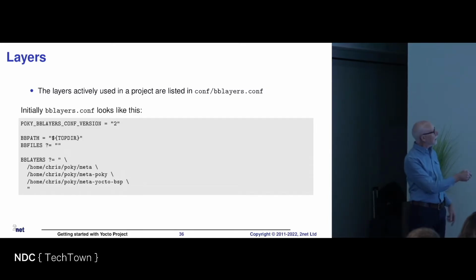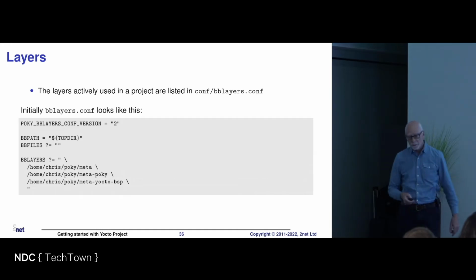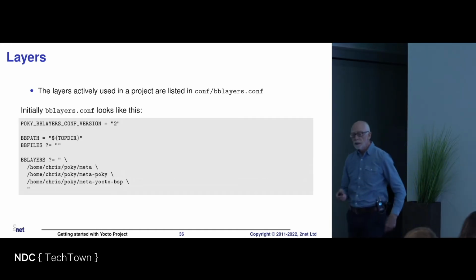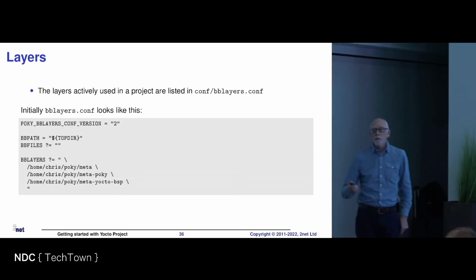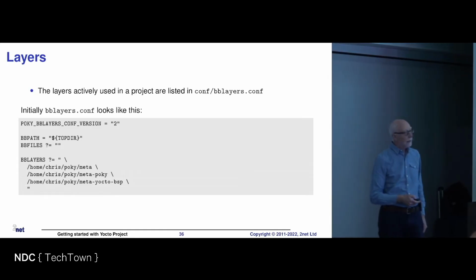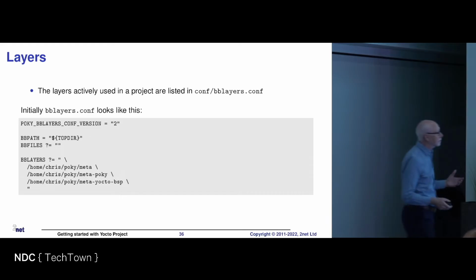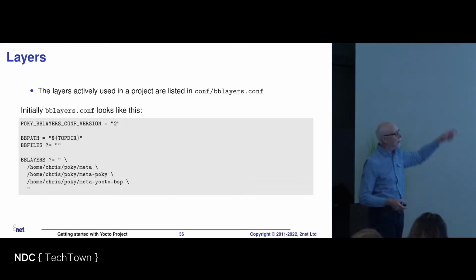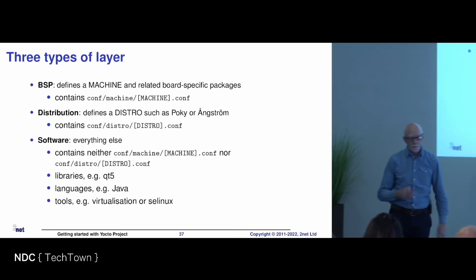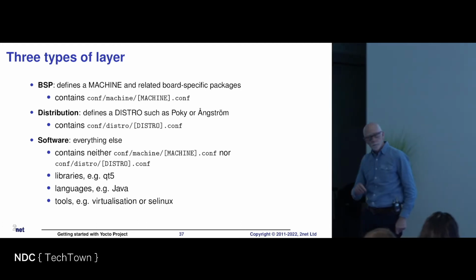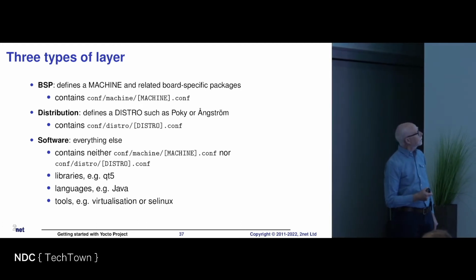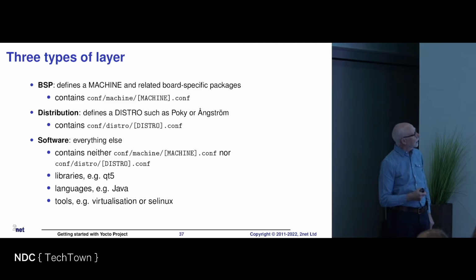It's just BBLAYERS, one of these funny assignment things, and then a list of meta somethings or others. So this is just a directory which contains a layer, a bunch of recipes. And when I want to add to this, essentially, I just need to add an extra line to this file.